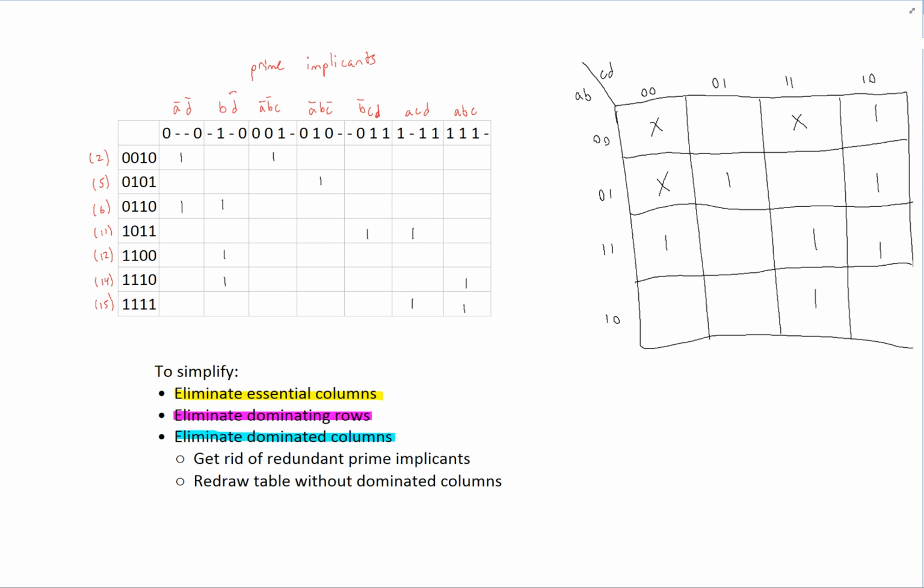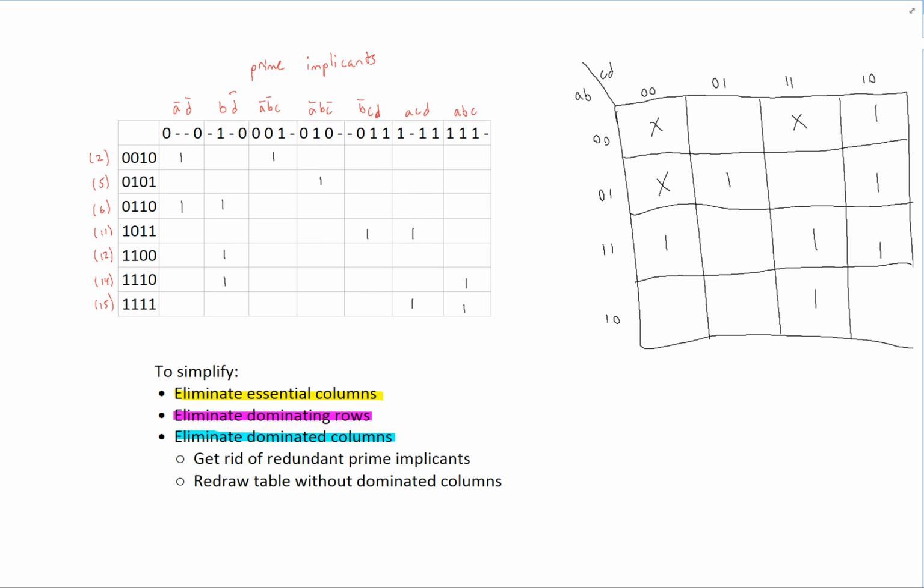The last step that we can take in simplifying our implicant table is going to be to eliminate dominated columns, and this is going to get rid of redundant prime implicants. So once again, a dominating relationship between columns is going to be a column which has all the ones of another column and maybe more.